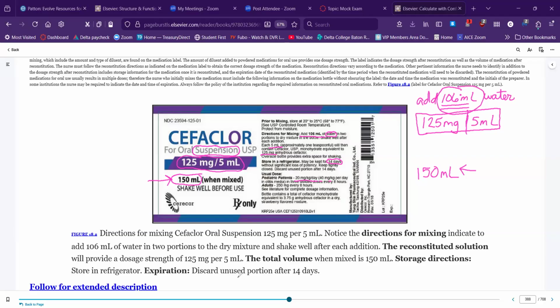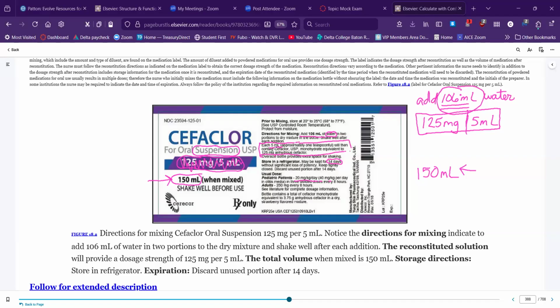Now sometimes this won't be right here. It'll just tell you this and then it'll tell you the total amount. But sometimes you have to read through this section. So sometimes it's not on the front here. You have to read.